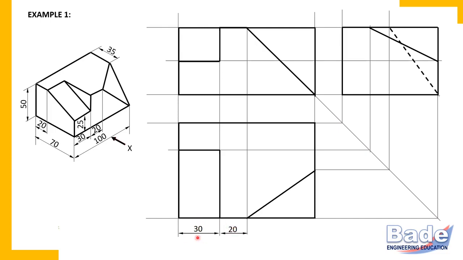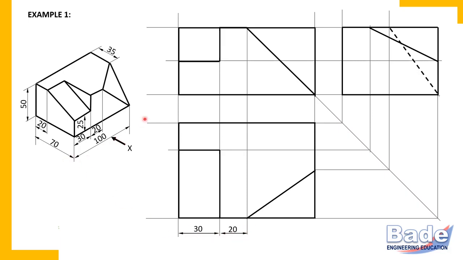Dimensions must be written above the dimension line, but these numbers must not touch the dimension line. Chain dimensioning. Dimensions in series must be along a single line, that is collinear. So this arrow 30 millimeter long and this arrow 20 millimeters long are collinear.